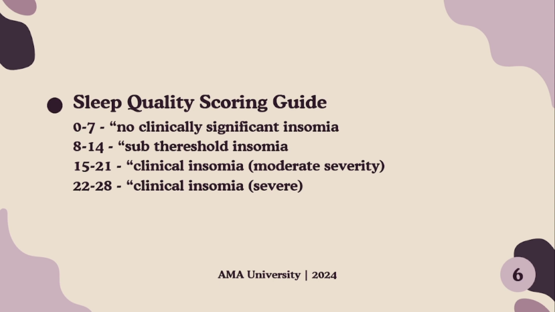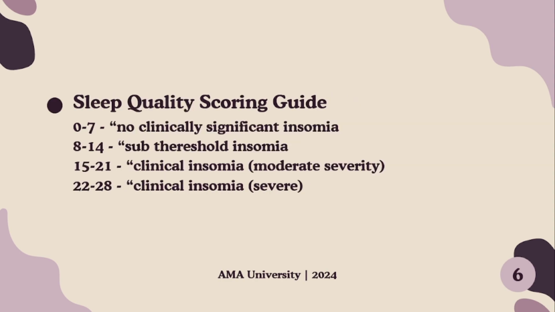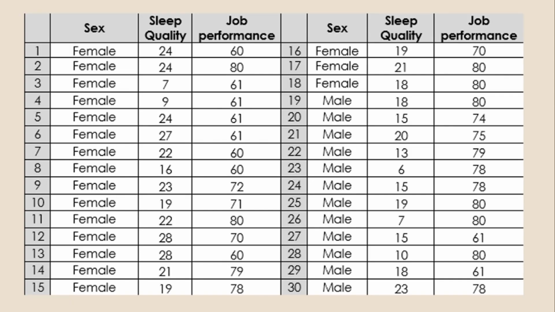And lastly, 22 to 28, clinical insomnia of severe severity. For job performance, if our respondents have a score of 0 to 20, they failed. If they have 21 to 40, they're not that good. 41 to 60, they only meet the expectation. And from 61 to 80, they exceeded the expectation. We're going to use these scoring guides to understand the table.